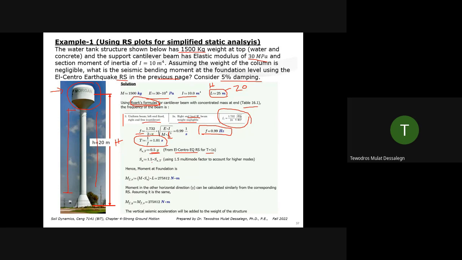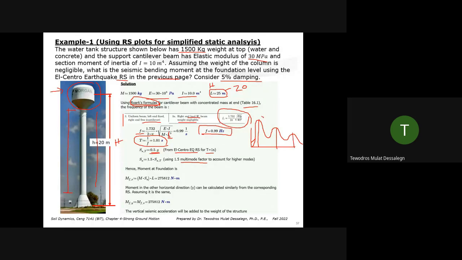now, to be conservative, usually we apply a 1.5 factor, a multi-mode factor, because we're using the fundamental period, but structures normally have multiple modes. When you see a response spectrum for a structure, it's not only one mode. You may see something like this: first mode, second mode, third mode, fourth mode, like that.